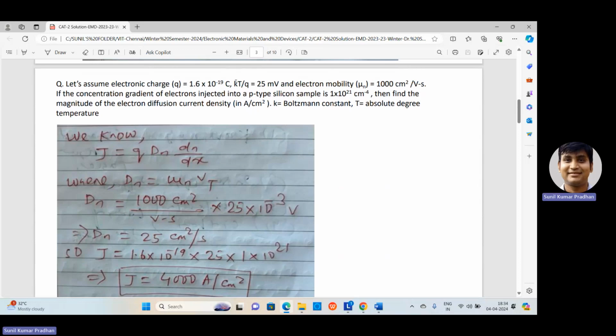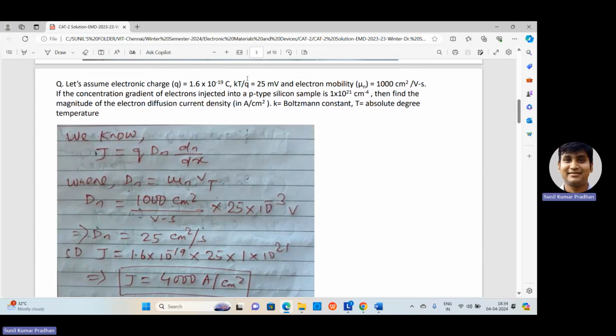Because all are constants, if you take T equal to 300 Kelvin and put in all the values, we get 25 millivolt. This is considered to be at room temperature. So kT by Q is 25 millivolt.